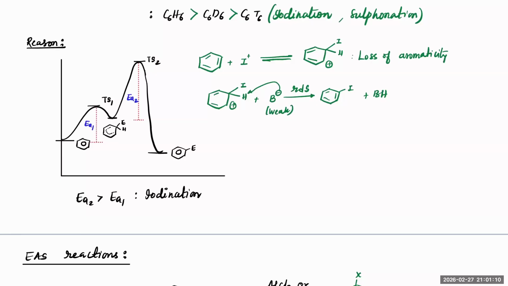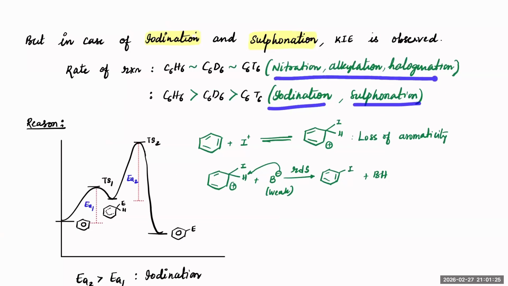So if, instead of hydrogen, it is deuterium, it requires a much longer time. Okay. So I guess this part is clear, everybody. Only in these two cases does that happen. In all the rest of the substitution cases, you will not see any change in terms of rate.